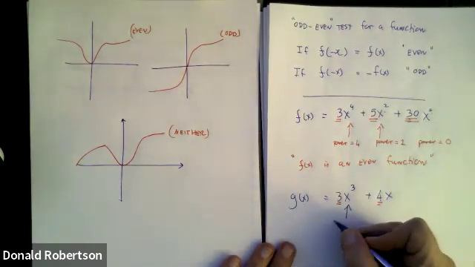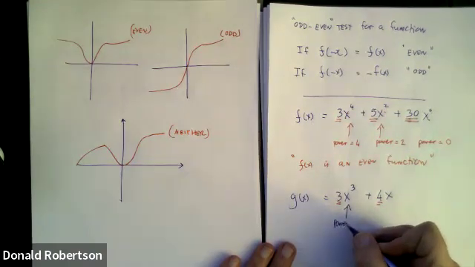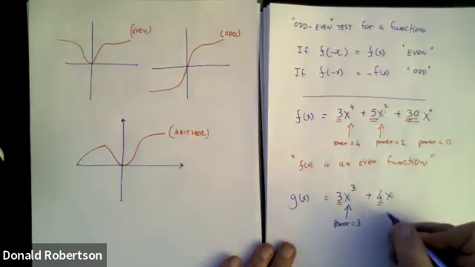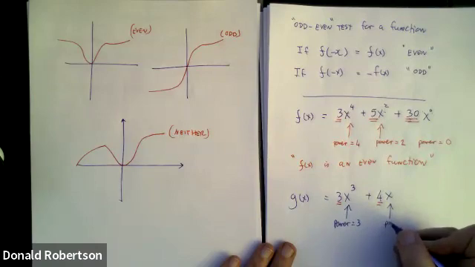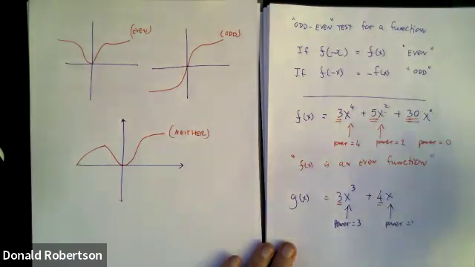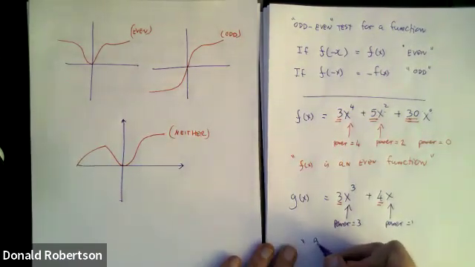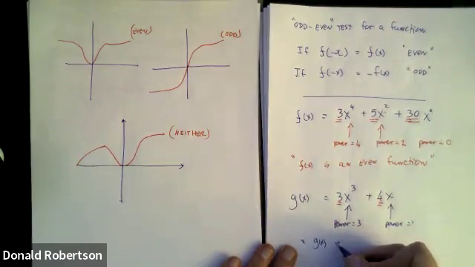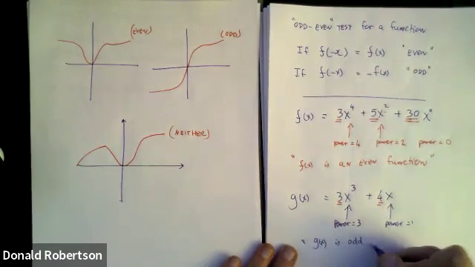What we are interested in is the power of x is 3 and the power of x is 1. And if all the powers are odd, then your function is an odd function.